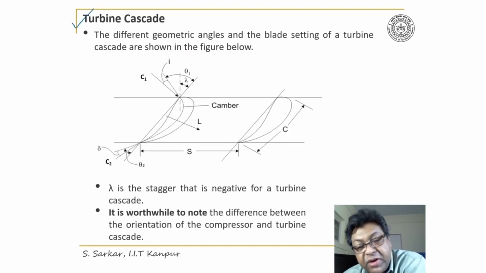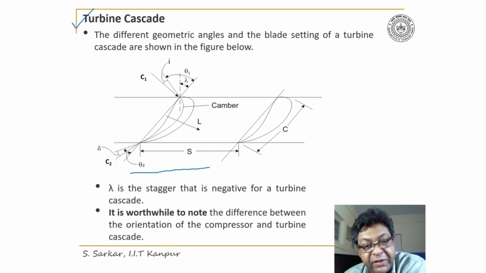Let me discuss the turbine cascade now, where the orientation of the blade is different than that of the compressor. Here I have given a schematic and illustrated different angles with the blade setting. This is the chord line, and lambda is the angle that the chord line makes with the axial direction.